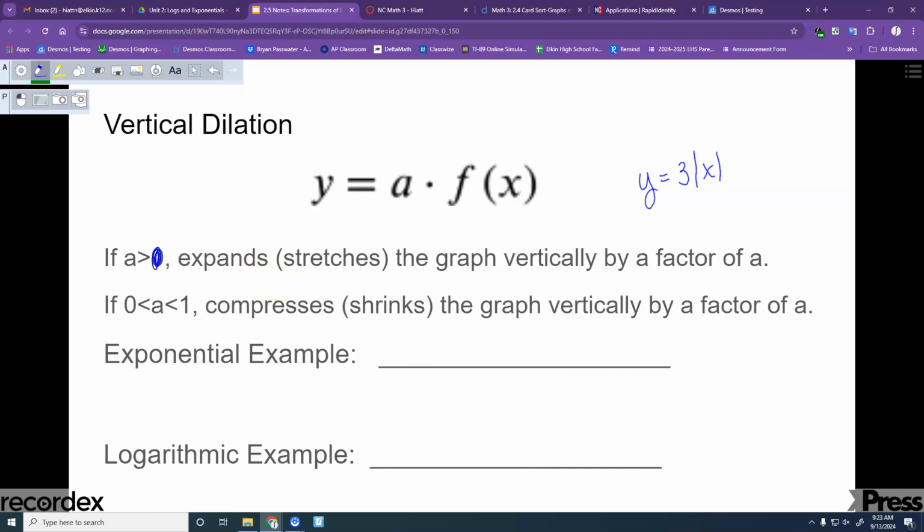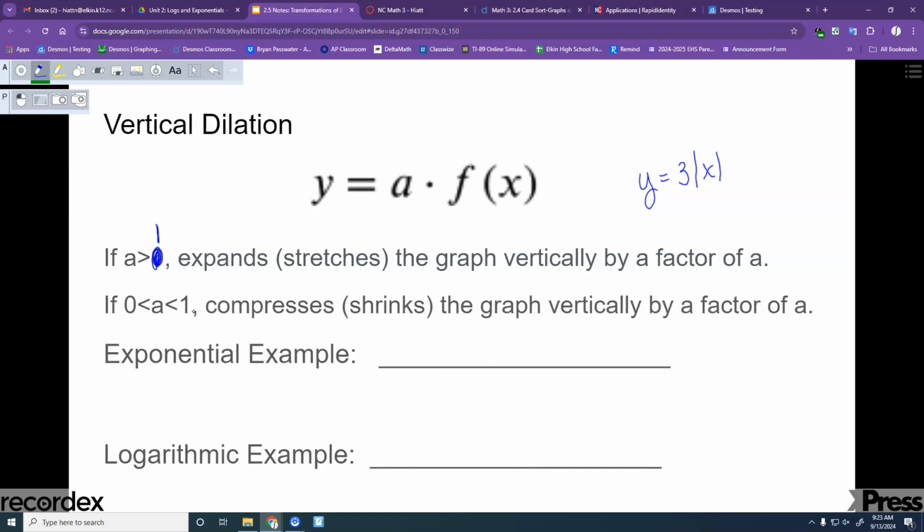That should say if a is greater than 1. If you multiply your equation by a number bigger than 1, it's going to stretch it out vertically, taller and skinnier. If you multiply it by a number between 0 and 1, like 0.5 or 0.2 or 1/10, it's going to squish it down and make it shorter and fatter.